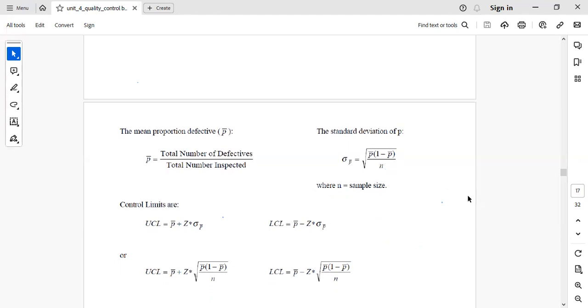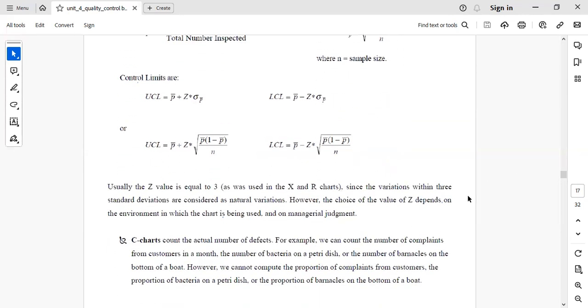What I want you to note is that if you take 1.96, we are considering this a two-way. Let me just demonstrate that.